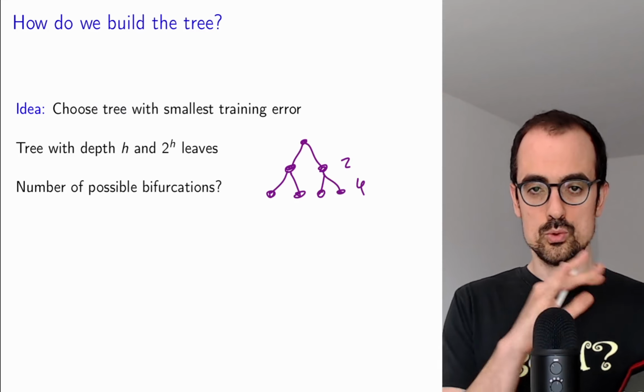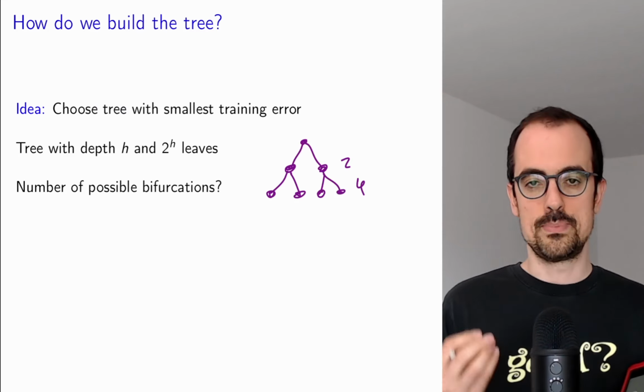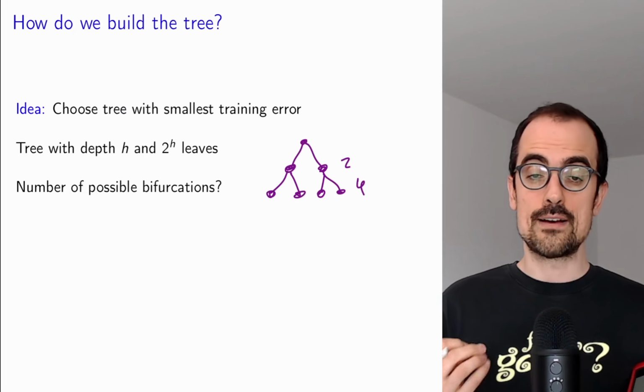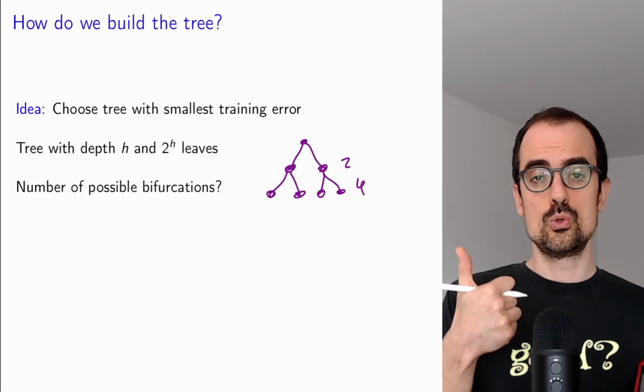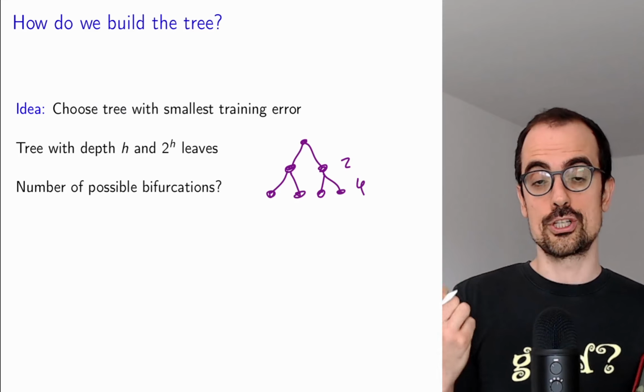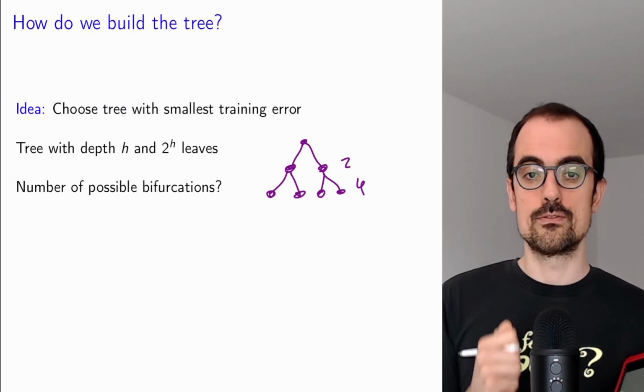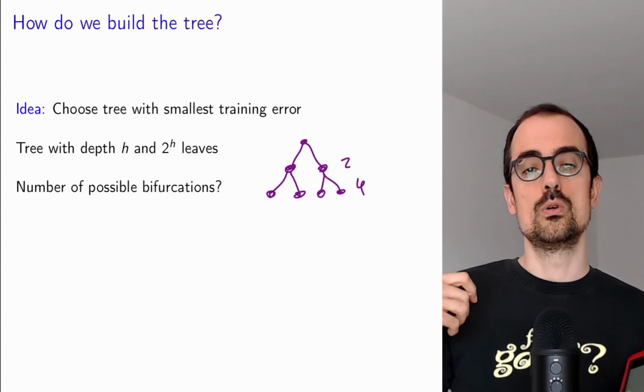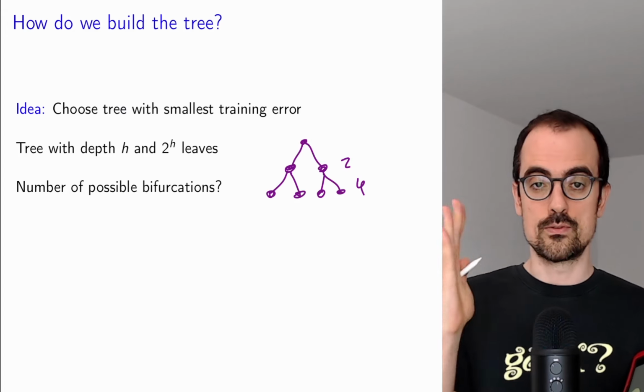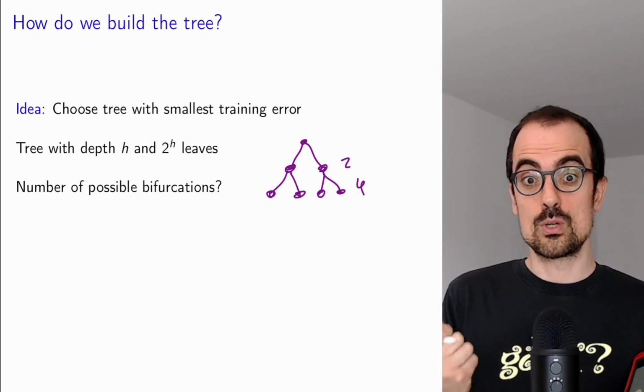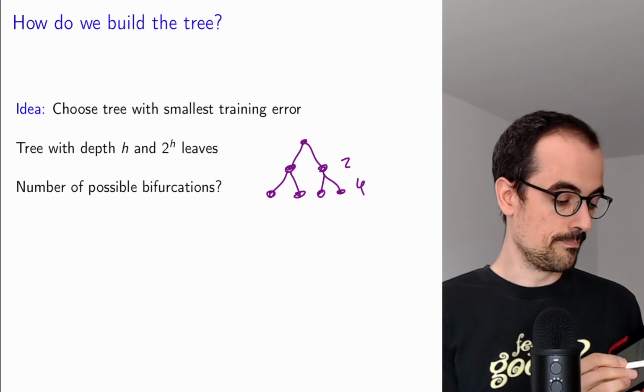Now, in order to decide all of the splits in this tree, we have to first choose according to what feature we're going to split in each bifurcation, and then we're going to have to choose the threshold for that feature. But let's take a look at how many bifurcations there actually are.